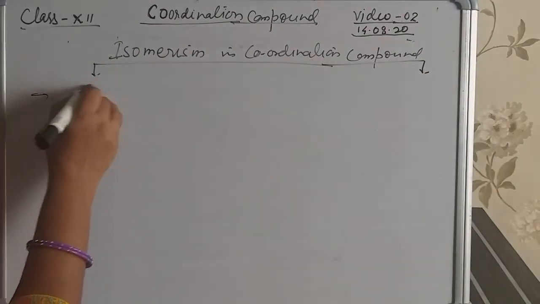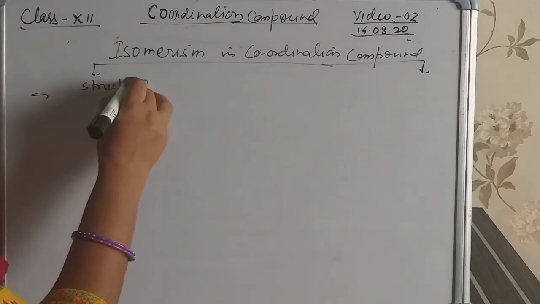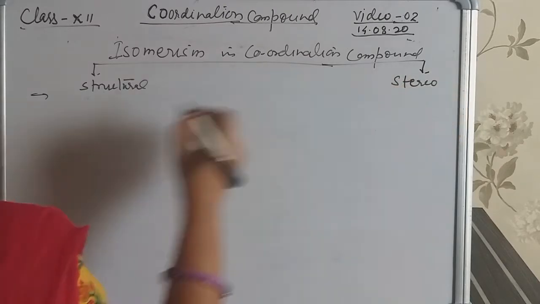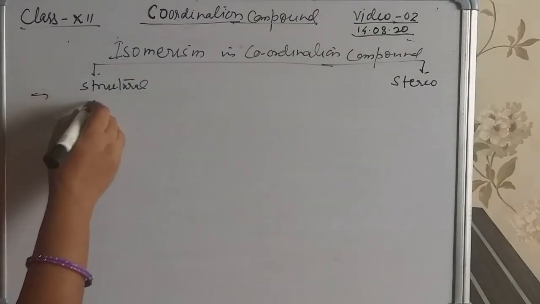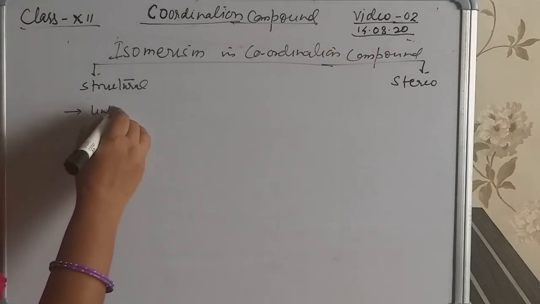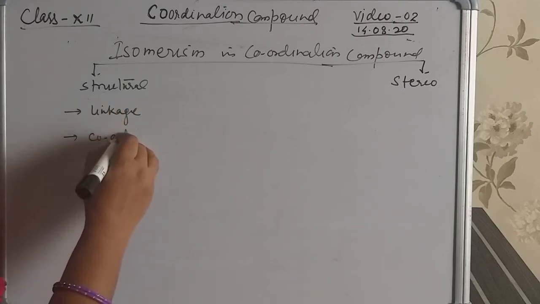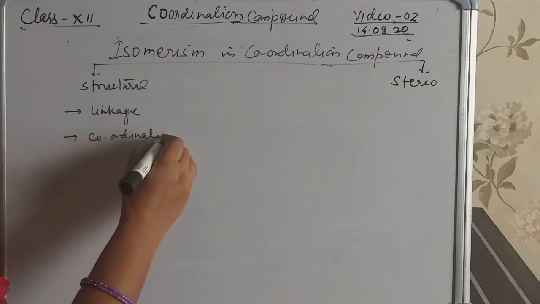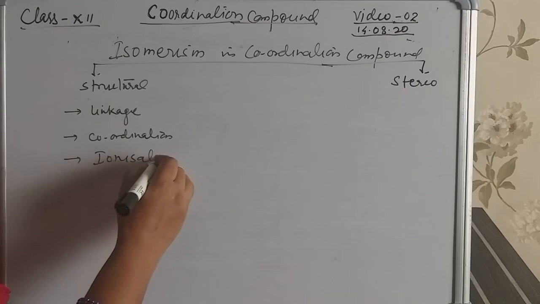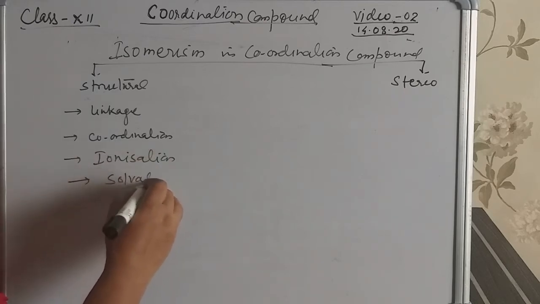Number 1, structural isomerism, and stereoisomerism. Structural isomerism is further divided into 4 parts: linkage isomerism, coordination isomerism, ionization isomerism, solvate isomerism.